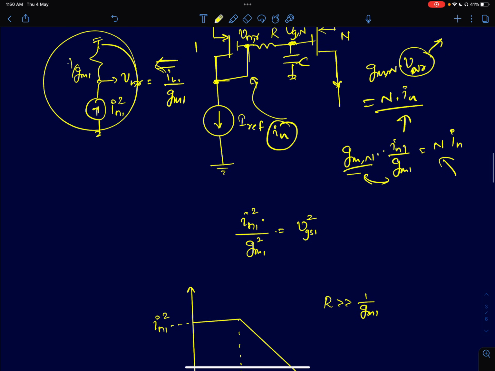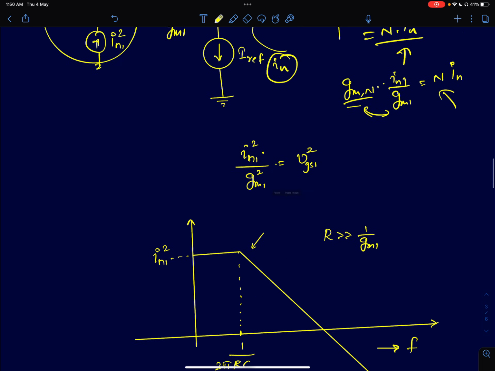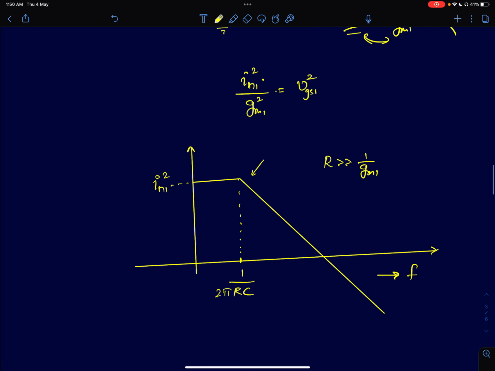This RC filter transfer function is shown here, so it has a pole at 1 by 2 pi RC. By adding a filter, I can easily show that the noise at the output, which I'm plotting as IN naught square, will simply be N square IN1 square multiplied by the filtered transfer function. So that's actually filtered the whole square. So the noise gets filtered.